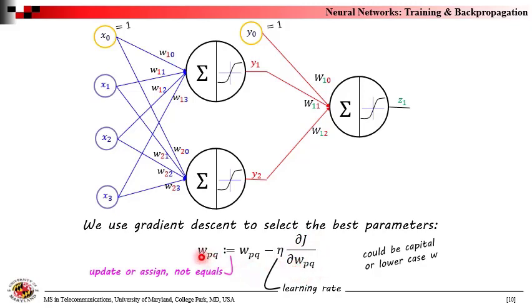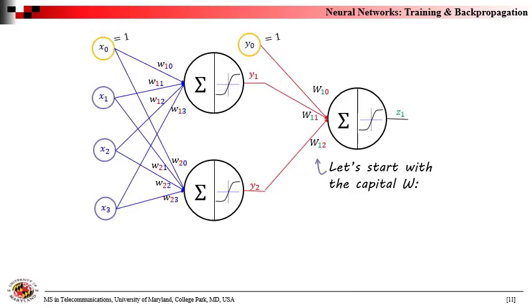Now, in this particular case, I put lowercase w, but in reality, either lowercase or uppercase, it doesn't matter. This update formula works the same way. All right, but let's start finding out what this update is going to look like for the capital W's, the ones that feed into the output node.